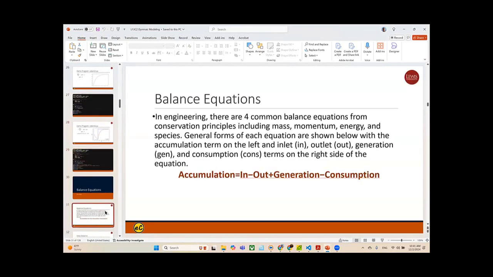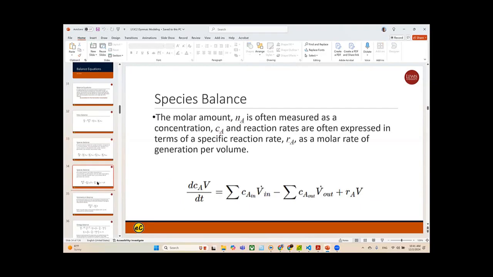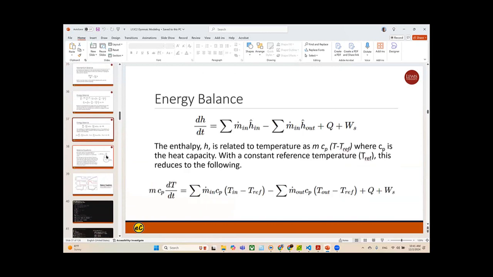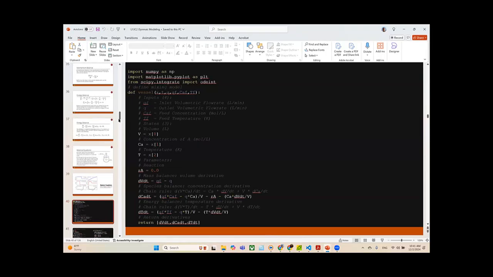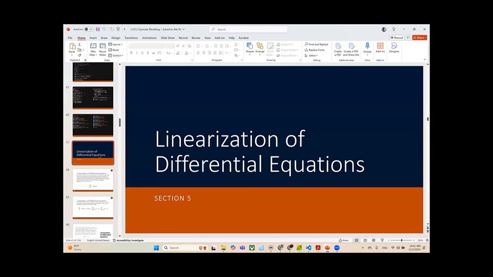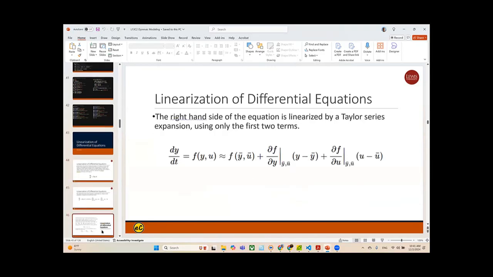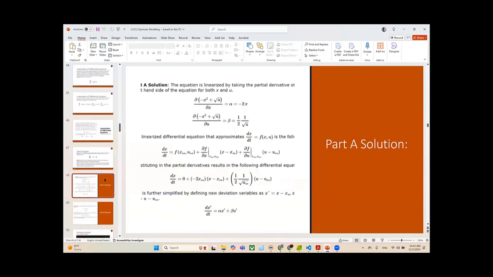Okay, and then you have the so-called balance equation. You use the balance to set up the equation, and you solve the equation. And then you do simulation. And then you can linearize your differential equation, which is a technique, and you have to derive it.